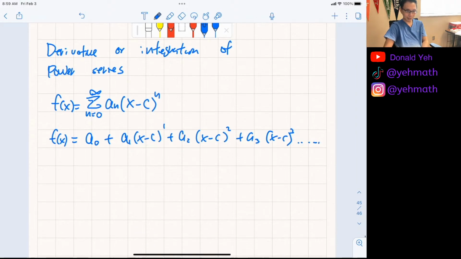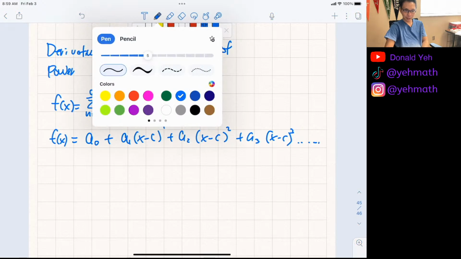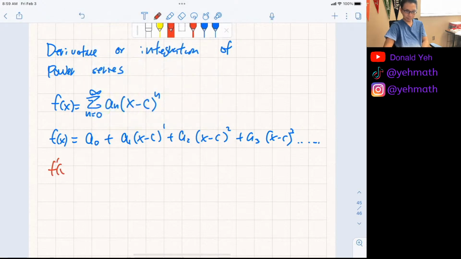What if I decide to take a derivative? If I take a derivative of the right side, what's the derivative of a0? 0. What's the derivative of a1 times x minus c? It's just a1, because the c goes away; if you distribute it, it's a constant.